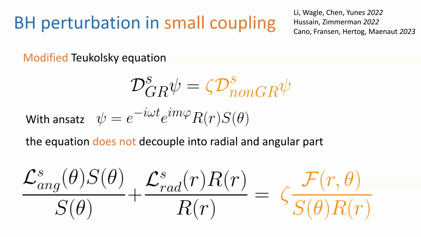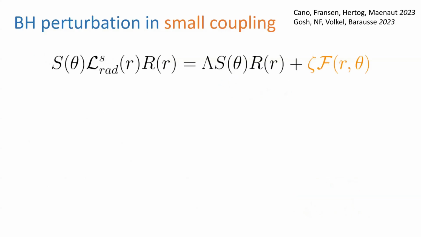A little bit more into detail. The idea now is to take the following ansatz for the perturbation, and in general, this term here will not decouple the radial and the angular part. But there are ways that people have figured out, by assuming that zeta, the coupling parameter, is small, to be able to decouple this equation.